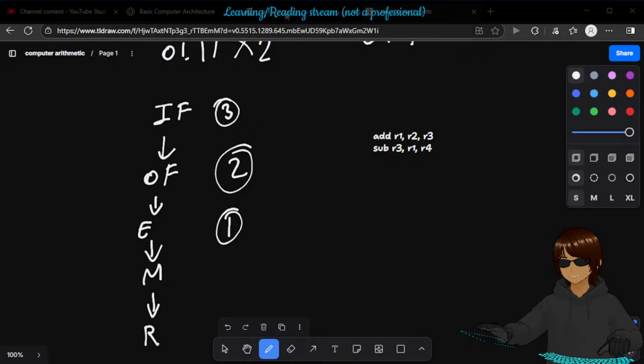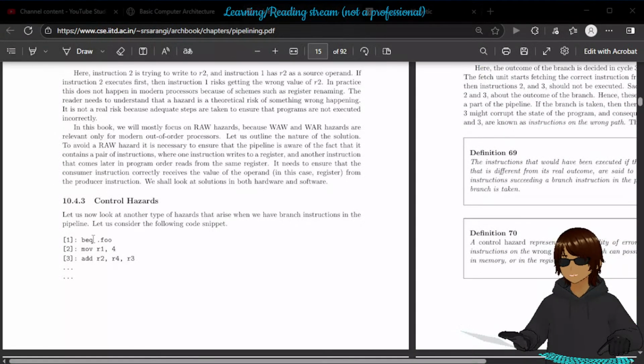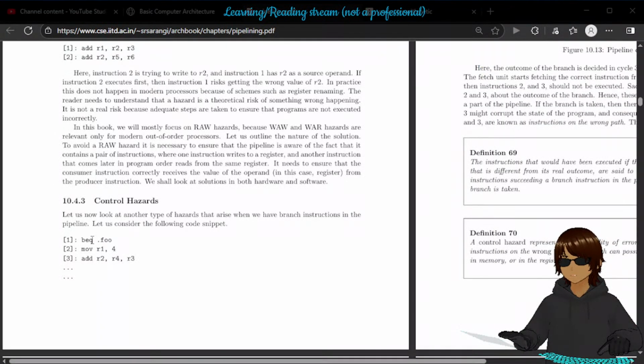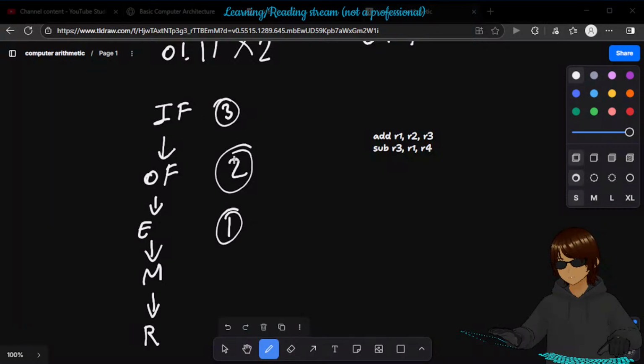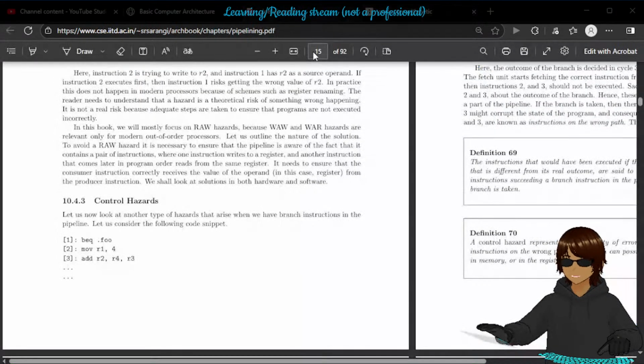But it's possible that we might branch to foo, so this 2 and 3 would not be needed. We don't need to execute 2 and 3 because we may be branching to foo, but we don't know if we are going to branch to foo until we reach the execute stage. This is called the control hazard.